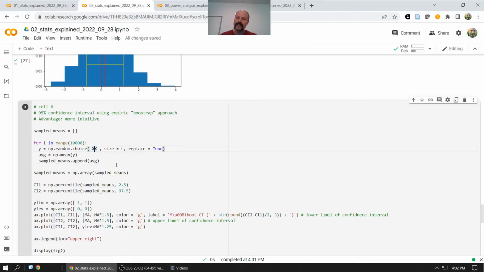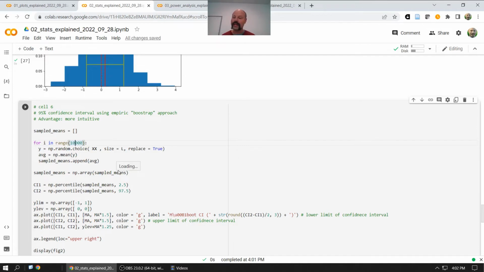But we sample randomly from this data, and we estimate the mean, and we save it. And we repeat this simple procedure many, many times. In this case, 10,000 times.